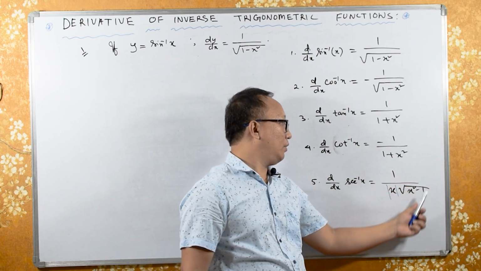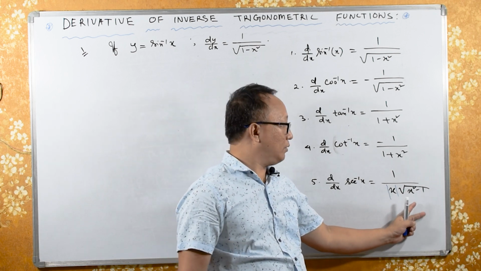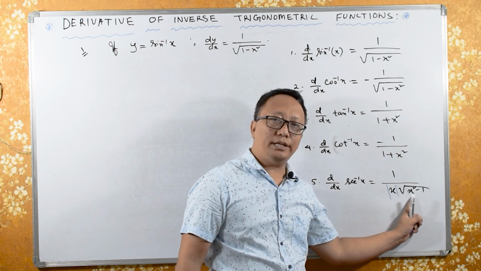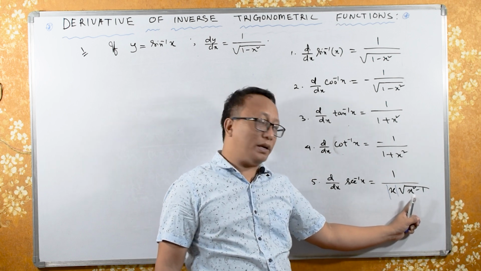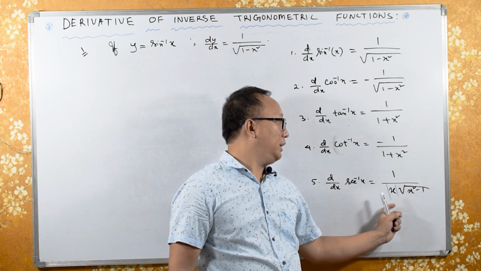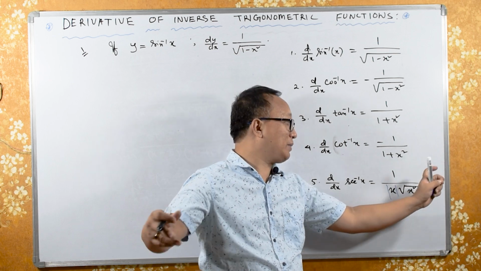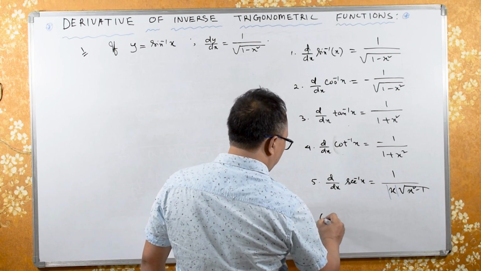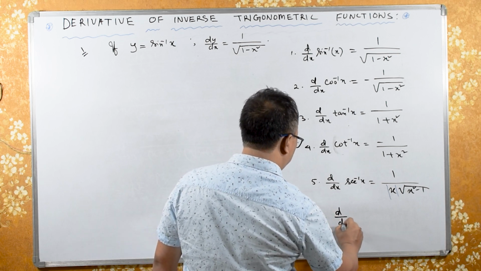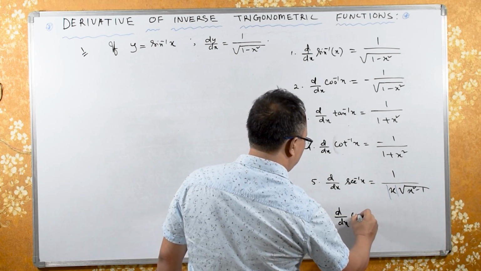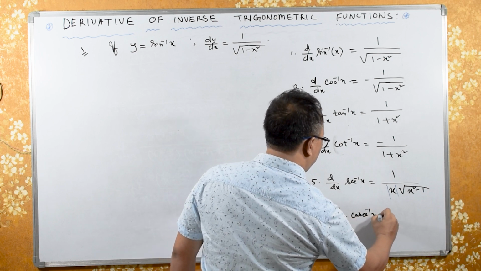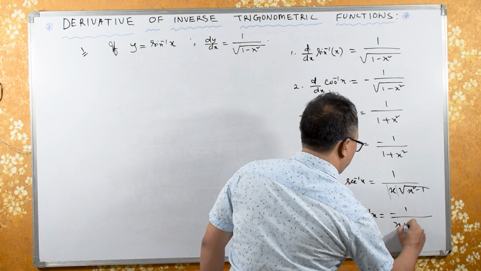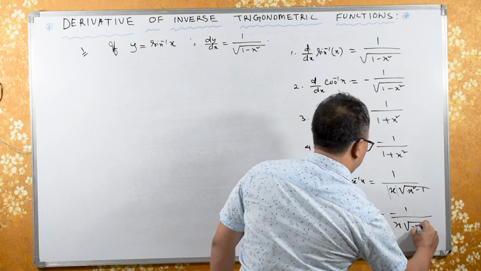Here x belongs to all real numbers excluding 1 and minus 1, because 1 square is 1 and minus 1 whole square is also 1. So x belongs to all real numbers excluding minus 1 and 1, but we will not discuss much detail about it. 6, dy dx of cosec inverse x is minus 1 upon x into square root of x square minus 1.